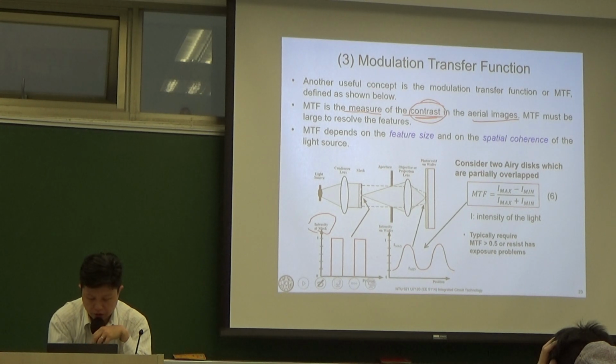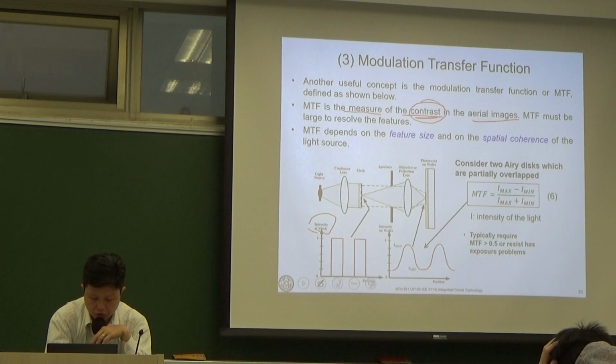You can see that if your mask is designed like this, with some transparent area and some opaque area, then if you check the light intensity just after passing through this mask, it will look like these figures.